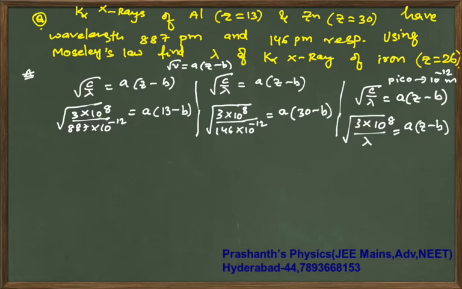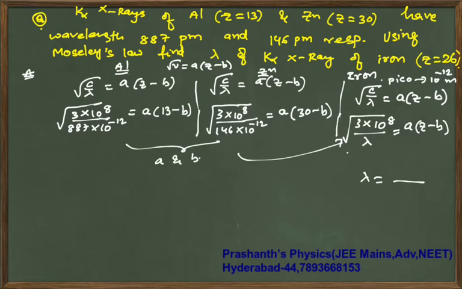This is for iron, this is for zinc, and this is for aluminium. Now from these equations we are supposed to solve for A and B, substitute and calculate the lambda value.